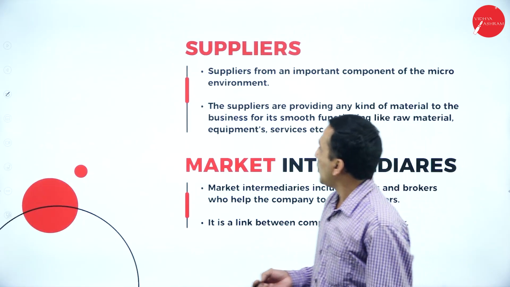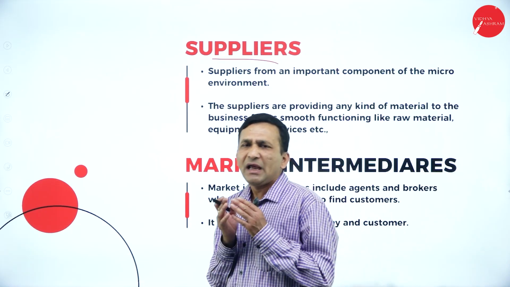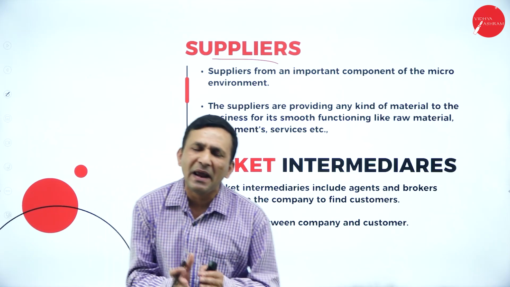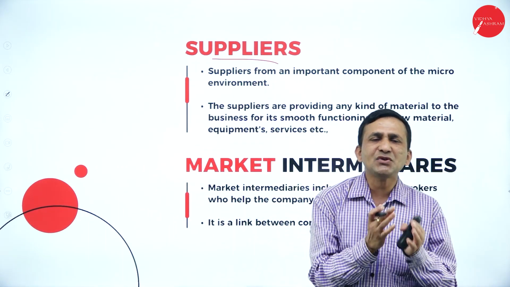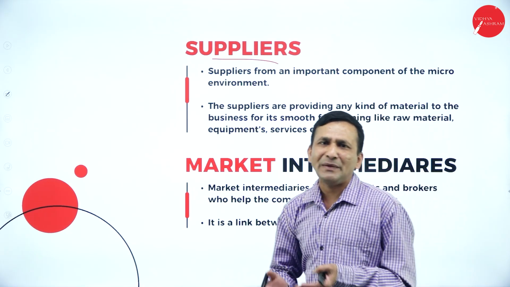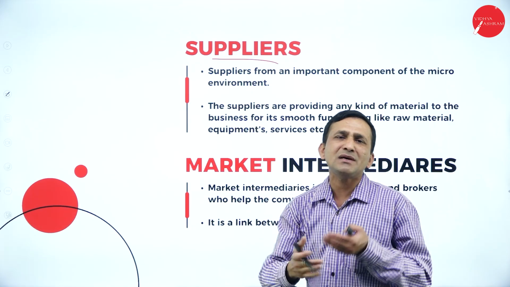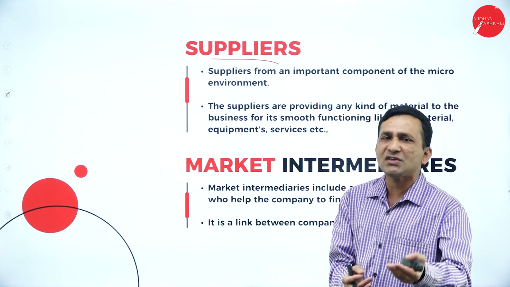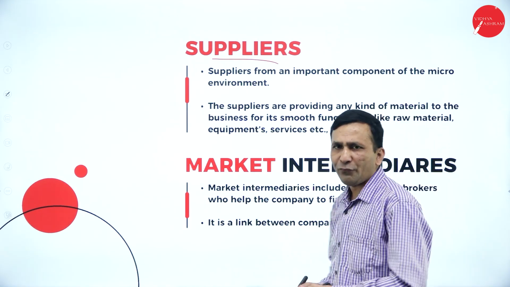So, moving forward, the supplier. The main raw materials or any specific equipment or component spare parts you receive from the supplier. Unless you maintain a good relationship with the supplier, it is very difficult, because the supplier and customers are located in the external factor, so only limited control you have in the micro factors.